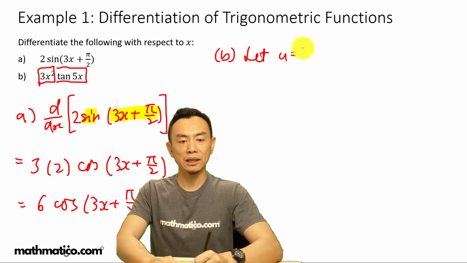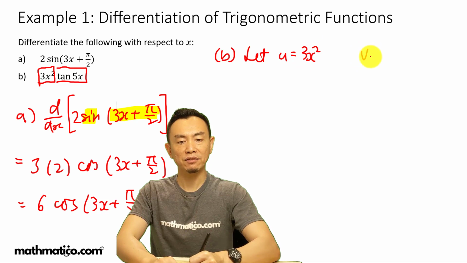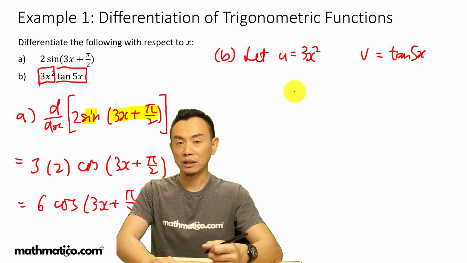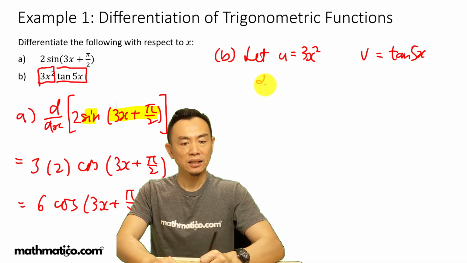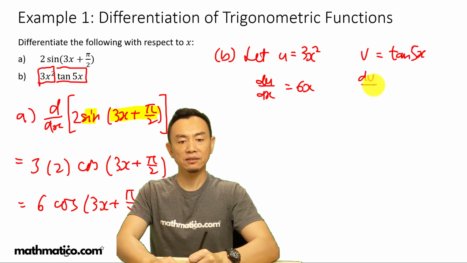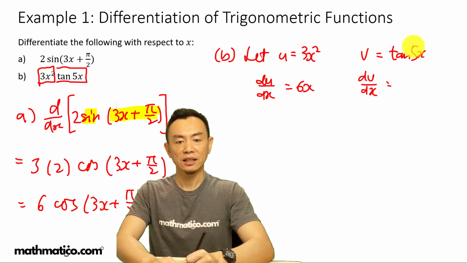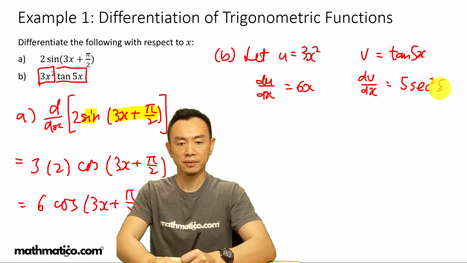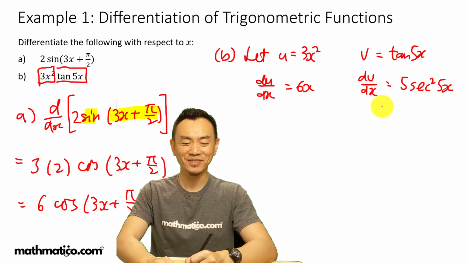So if we let u to be equals to 3x squared, then we let v equals to tangent 5x. Then we differentiate each one. du dx is 2 times 3 is 6, and we have x here. Differentiate v, dv dx. Differentiate the angle, you get a 5. Differentiate tangent, you get the secant squared. Angle no change, remember that.